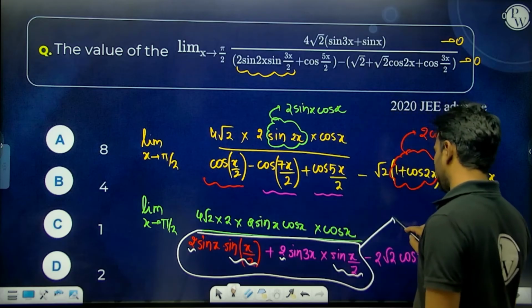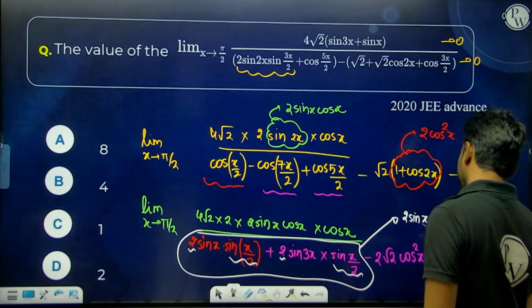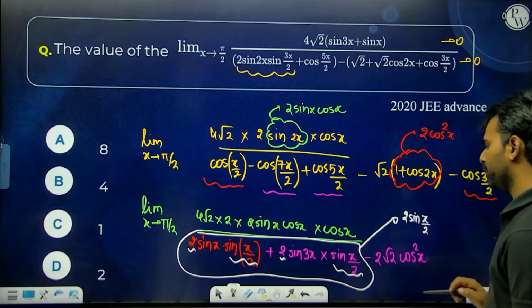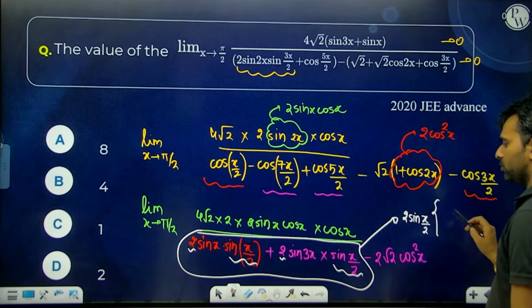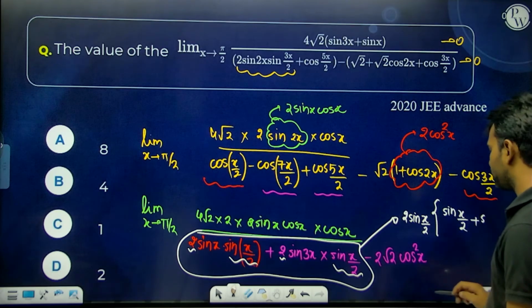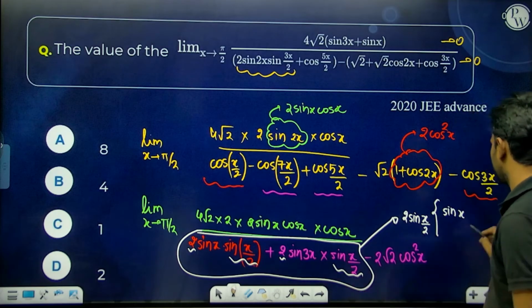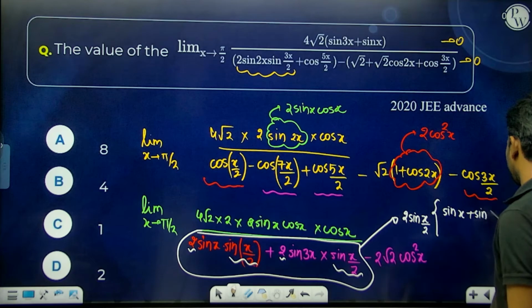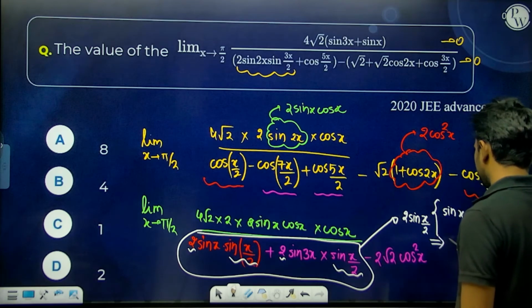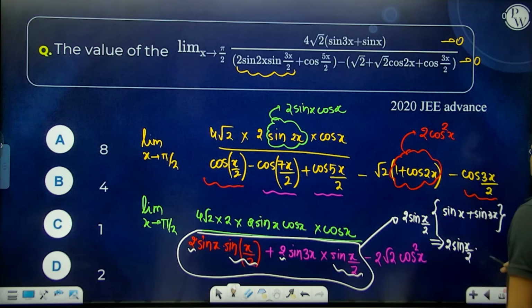Let's take, I'm talking about this white portion only, okay. Let's take 2 sin x by 2 common. The moment we do that, we're going to have sin x by 2 plus sin 3x. No, sin x plus sin 3x. And if you further simplify this, then it is going to be 2 sin x by 2, and sin c plus sin d is what you can apply.